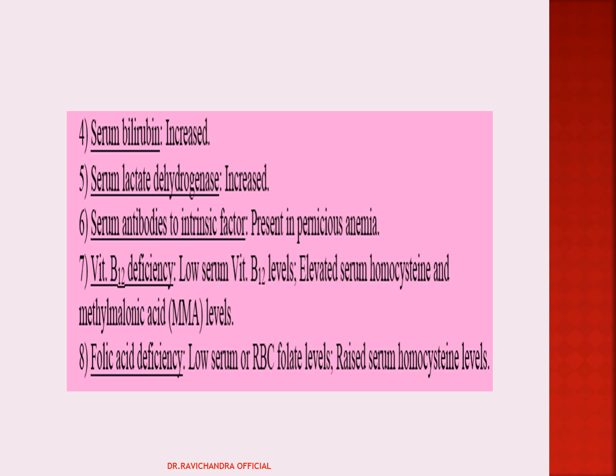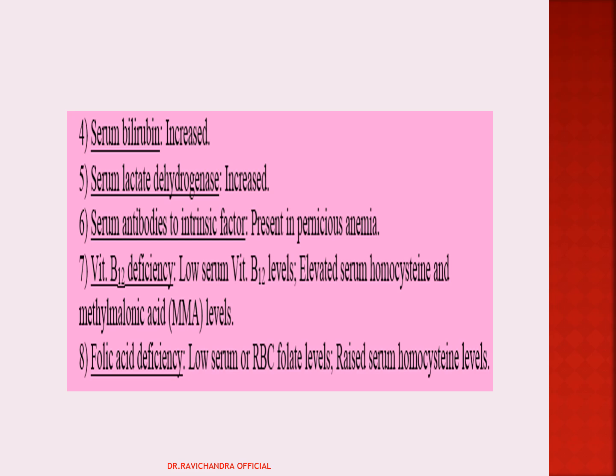And the Schilling test is useful in distinguishing B12 deficiency due to malabsorption, dietary deficiencies, or absence of intrinsic factor. Serum bilirubin levels and serum LDH values are increased, and serum antibodies to intrinsic factor are present in pernicious anemia.